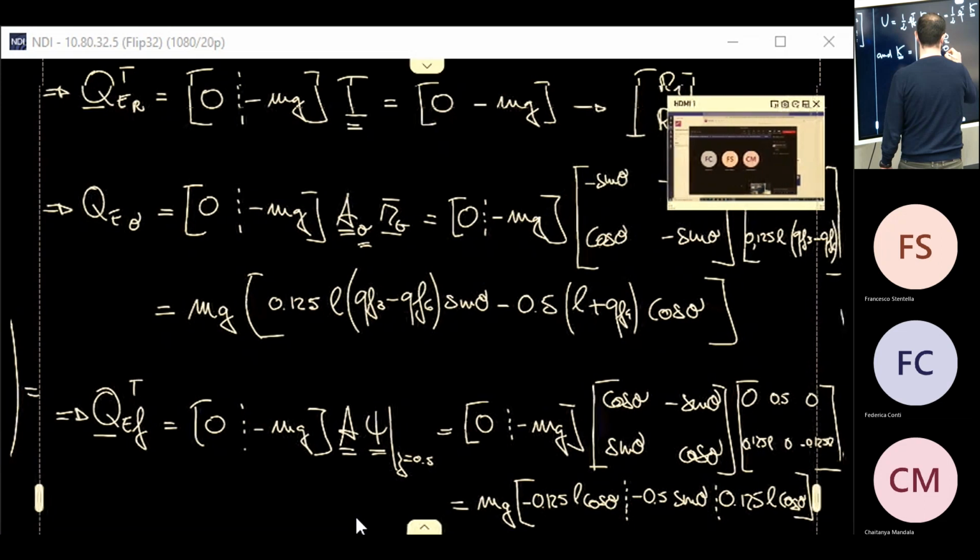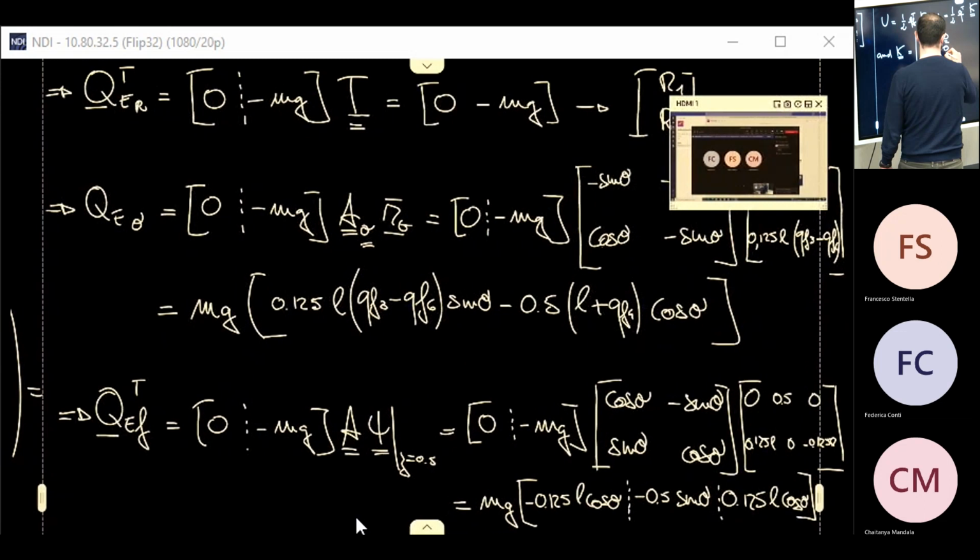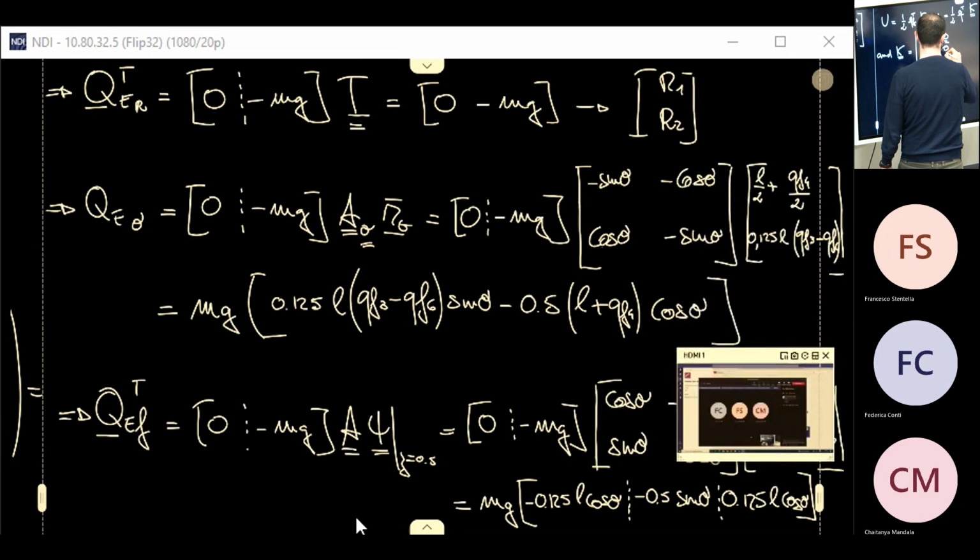Okay, so these are the 3 external forces, generalized external forces. Again, what are our coordinates? We have the R, translation, and the external force associated to translation is this one.